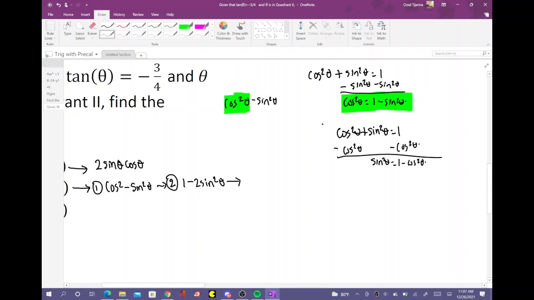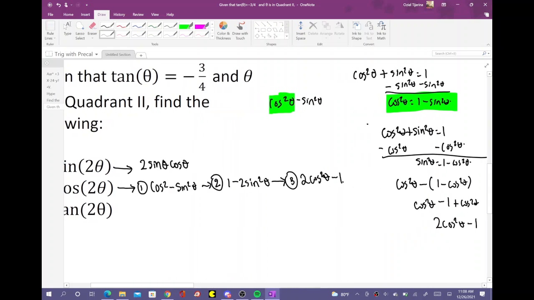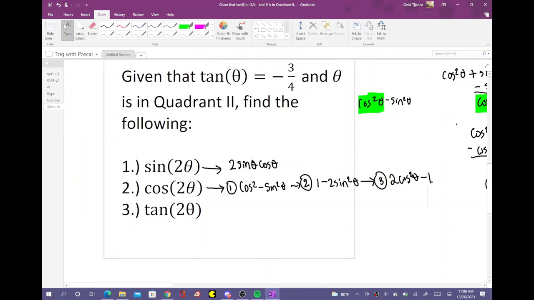That means we have cosine squared theta minus the quantity 1 minus cosine squared theta, so cosine squared theta minus 1 plus cosine squared theta. This is 2 cosine squared theta minus 1. So number 3 is 2 cosine squared theta minus 1. You can use either number 2 or number 3 as the formula for that.